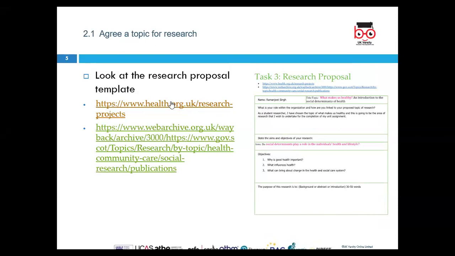There are different research projects by topics that you can do, and you can have it on the A to Z here. You can have it on acute care, analytics and data, child and young people. For instance, here you can have it on inequalities, integrated care.